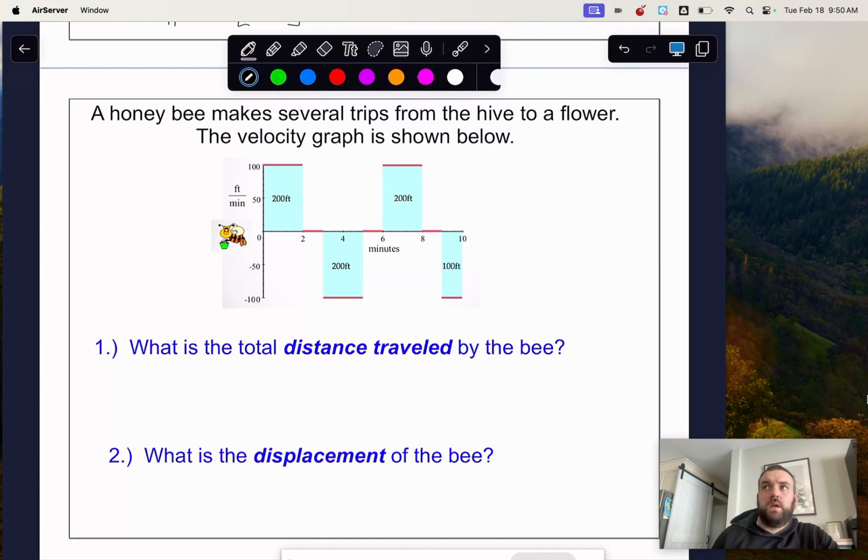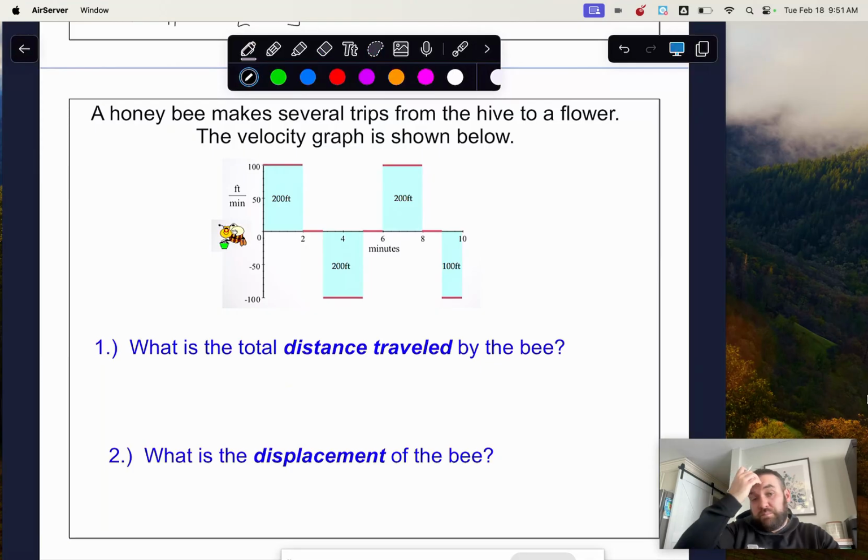So effectively, distance is just the absolute value of displacement within each set of movements. So again, moving forward counts as positive for both distance and displacement. Moving backwards counts as a negative for displacement, but it still counts as a positive value for distance traveled.